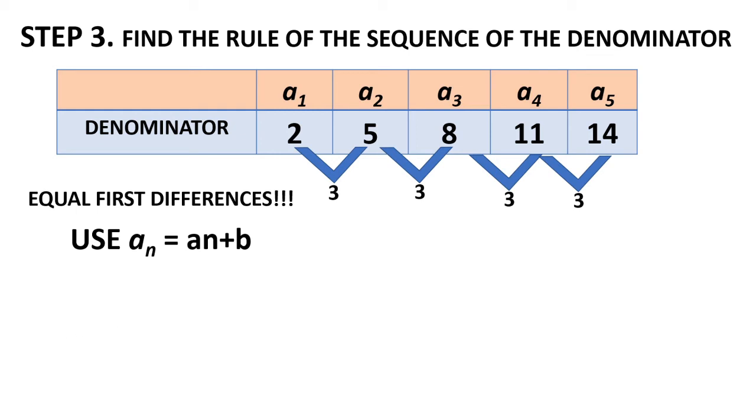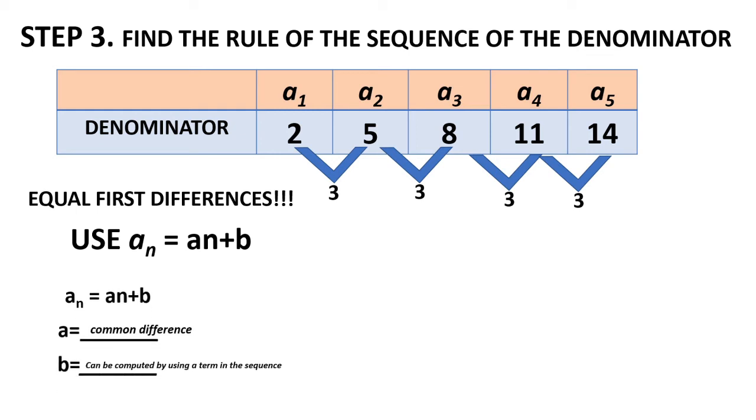And in this rule, ang kailangan lang natin kunin is yung value ni a at saka ni b na alam naman natin na ang value ni a ay ang common difference at ang b naman ay can be computed by using a term in that sequence. Given the common difference of 3, yun na po ang value ng a. And for b naman, we can use any of the terms in the sequence. We can use 2, we can use 5, 8, 11, or 14.